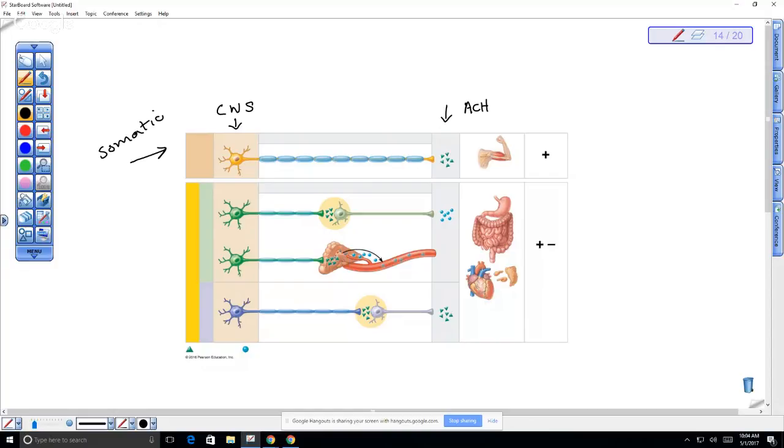So this would be autonomic. So remember, the autonomic does not include neurons that innervate the skeletal muscle, but rather cardiac muscle, smooth muscle, and glands. And so you'll notice that right here, we have a ganglia.